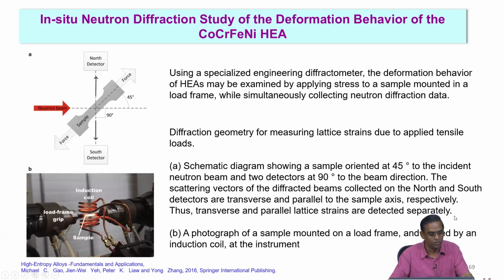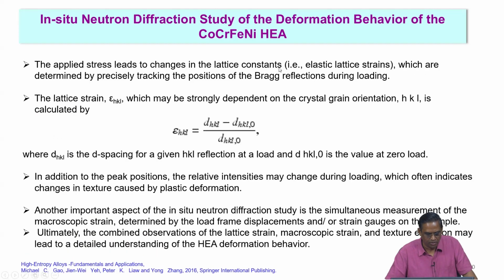So, our aim is to understand the deformation behavior. In deformation, what do you measure? You measure the strain, right? So, what is the basis of this? The basis is given here. The applied stress leads to changes in the lattice constants, elastic lattice strains, which are determined by precisely tracking the position of the Bragg reflection during loading.